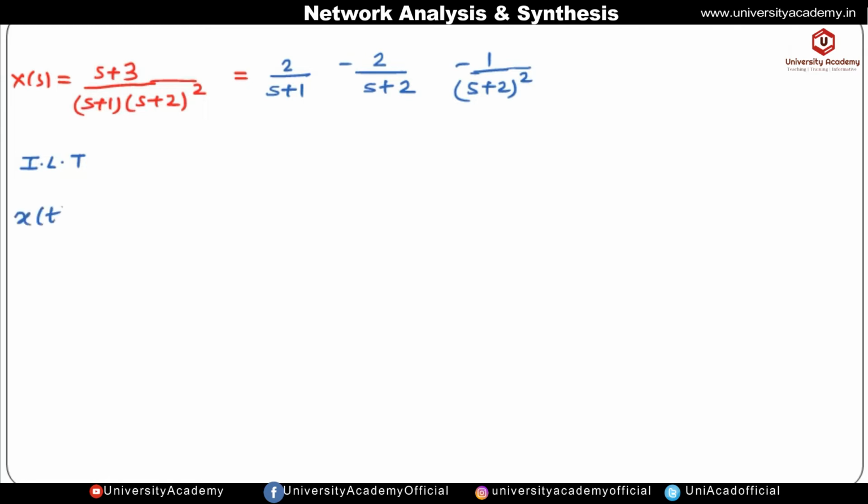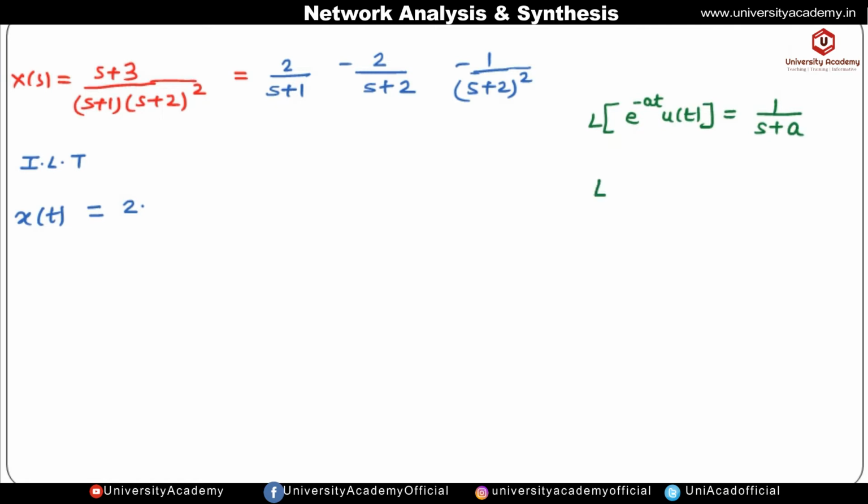So after using the inverse Laplace transform, we will obtain the expression for the time domain, that is x of t. So this is given by 2, and inverse Laplace transform. We know that in the previous lecture I have told that the Laplace transform of e to the power minus at into u of t is given by 1 by (s plus a).